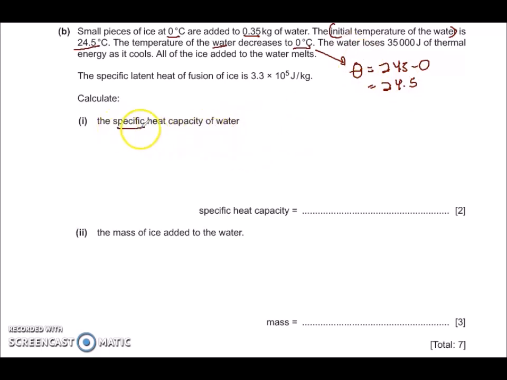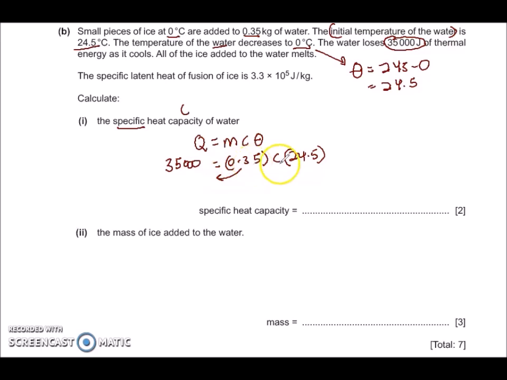Okay, now specific heat capacity of water is given by the formula mc theta, and then here the mass is 0.35. C is what we are going to find here, specific heat capacity. Your theta here is 24.5. And then you look at that, the water loses 35,000 of energy. So you just move the mass and then move the theta to the opposite side, becomes the divide.